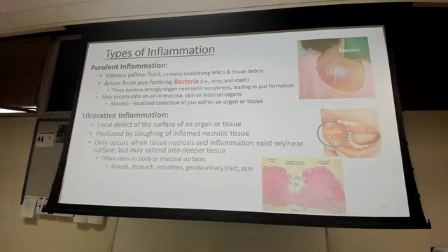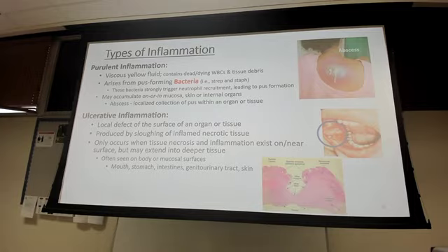And then we have ulcerative inflammation. The problem here is that there's some type of damage, some type of inflammation going on at the surface level of our mucosa. A common one that you'll run into is gastric ulcers. Normally in our stomach we have bicarbonate and mucin, which coats the lining of the stomach.